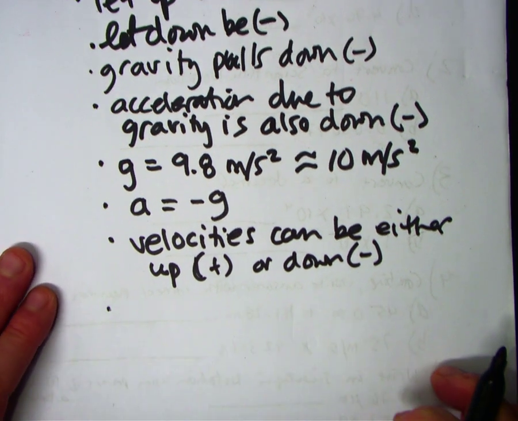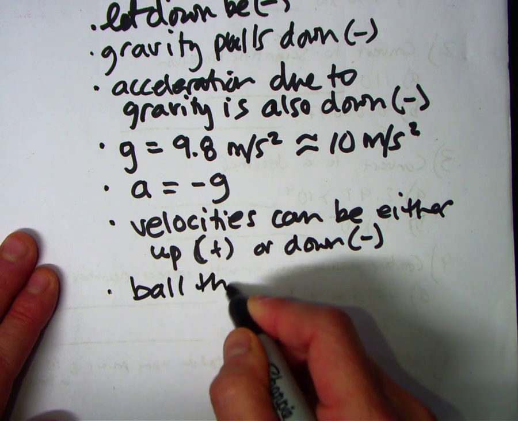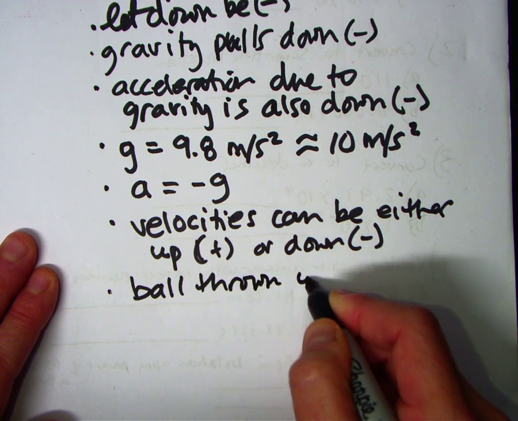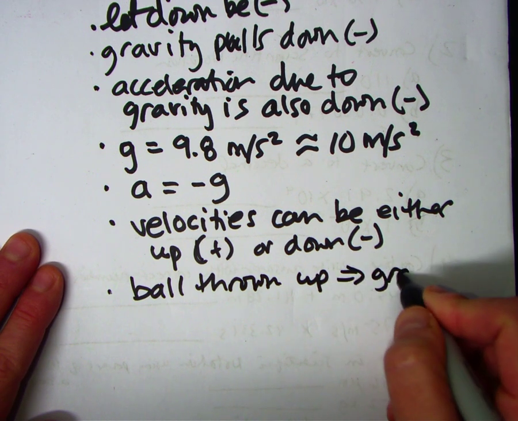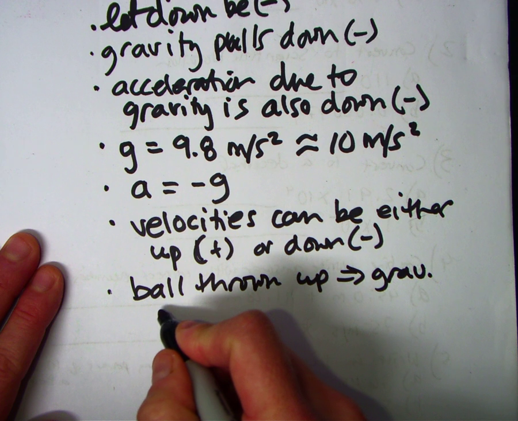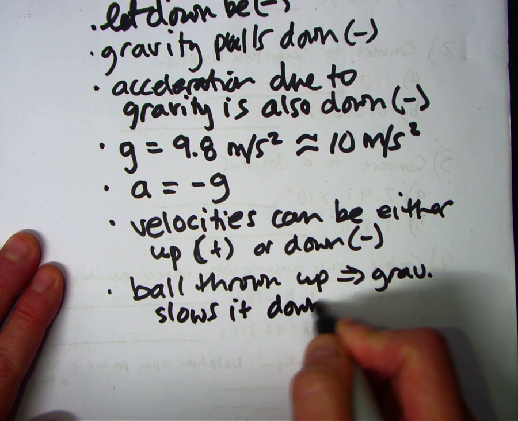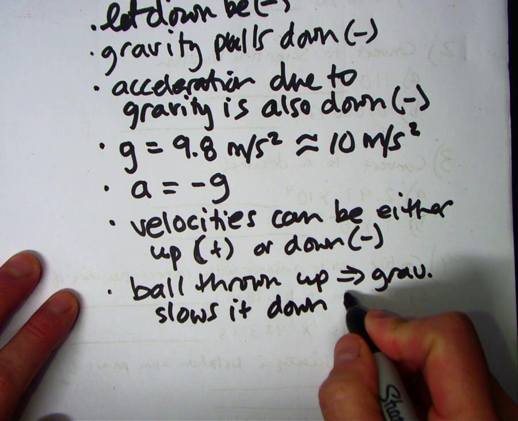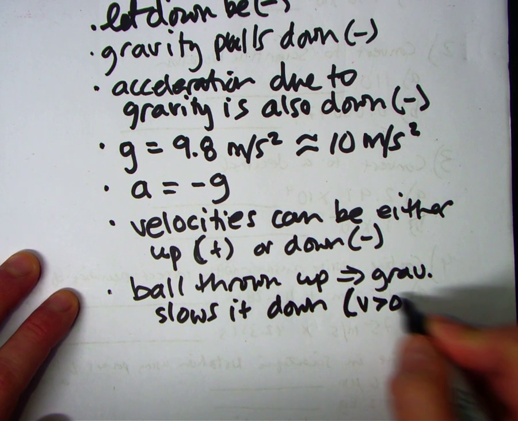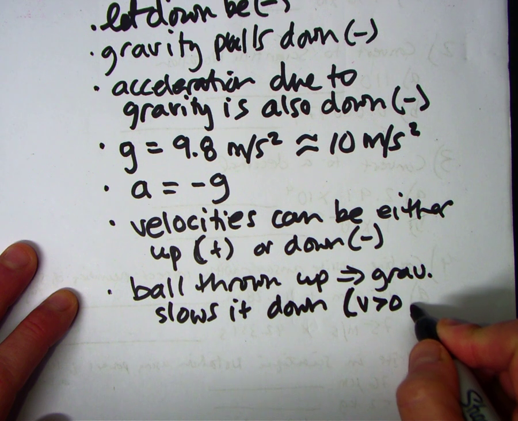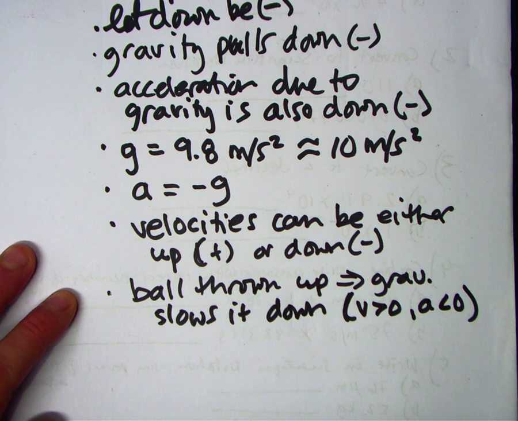Okay, last couple big ideas here. For example, if you have a ball that is thrown upward, then gravity is going to slow it down. And recall that when velocity is positive and acceleration is negative, then we have slowing down.